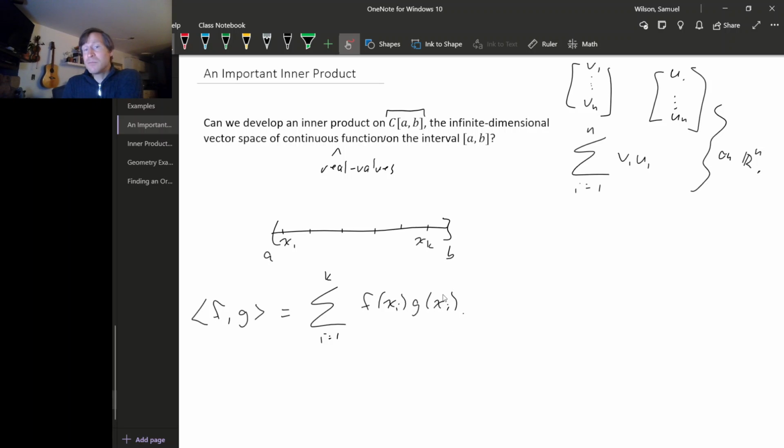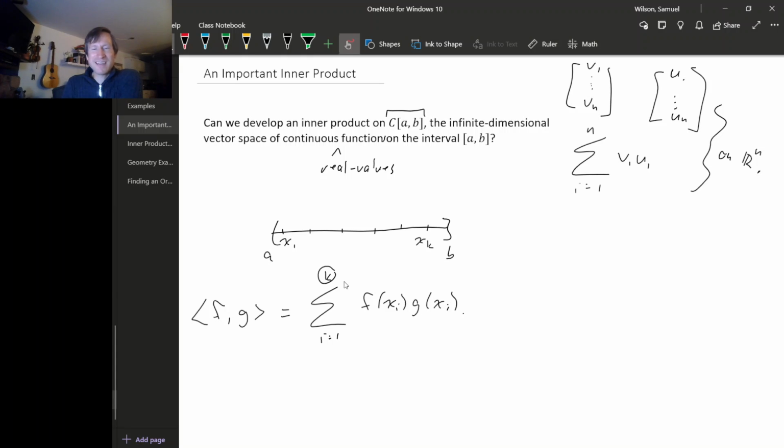Now this seems plausible at first, but the problem is that this isn't going to be positive definite, because we could have a function that is 0 at all of these x values, but still not be the 0 function. So maybe what we should do is increase the number of x values, because there's so much distance between them.